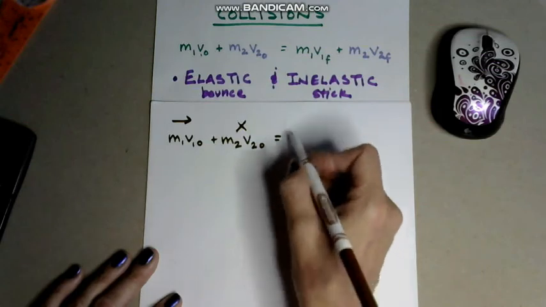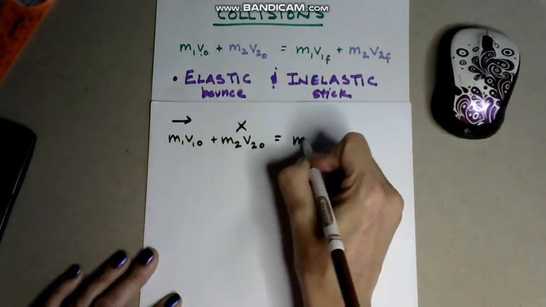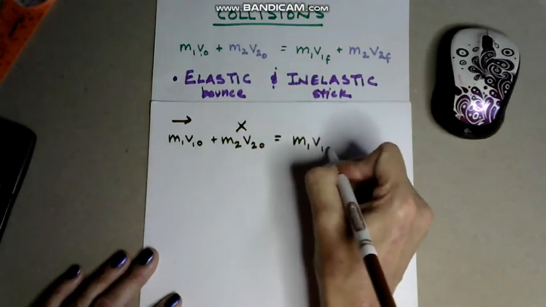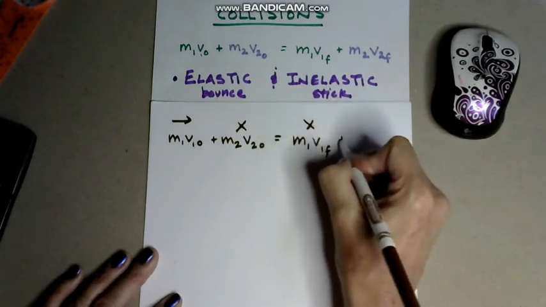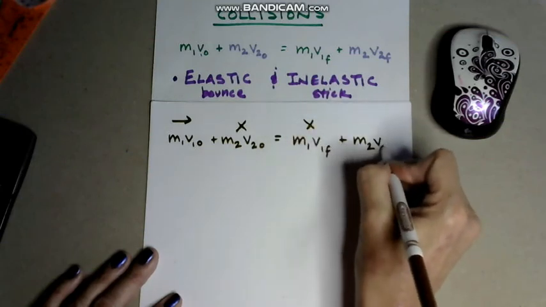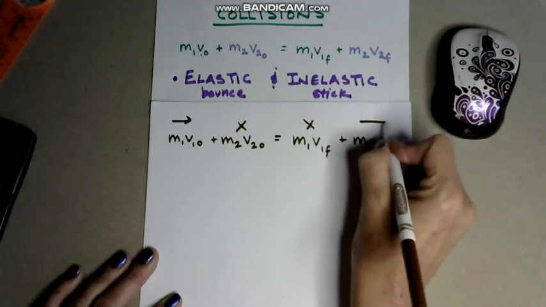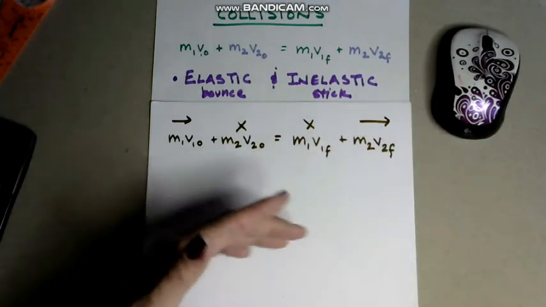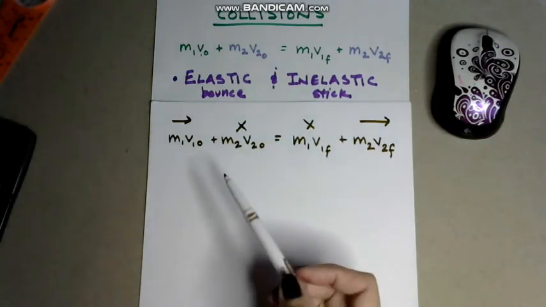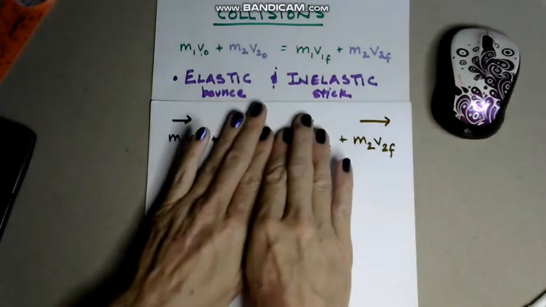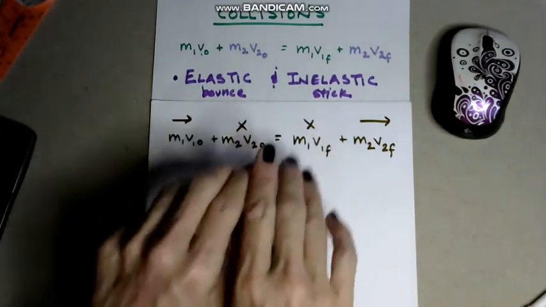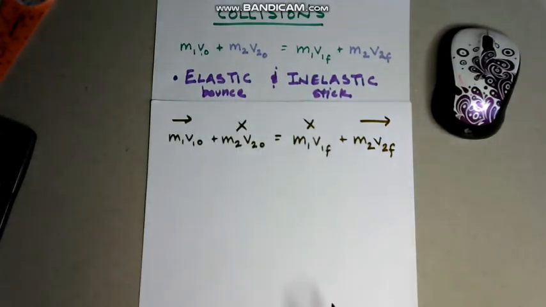Let's say that it hits M2 V2, and now M1 V1 stops, and M2 V2 moves. Great, that's a convenient situation. What ends up happening is that those two terms will cancel because they're zero. You don't even need those terms.